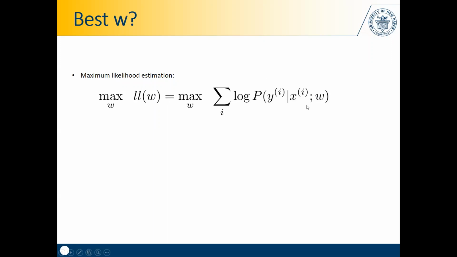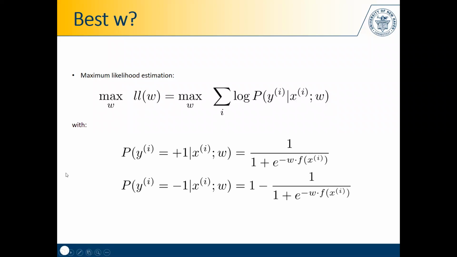We just predict the output of each X, we get a corresponding Y, and then we calculate it. Now, what we're looking for in here is the best W, the W that maximizes the probability of the correct class for Y.